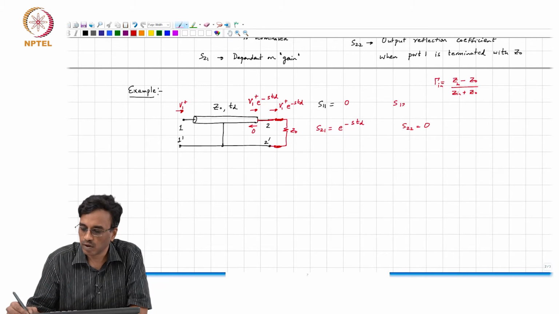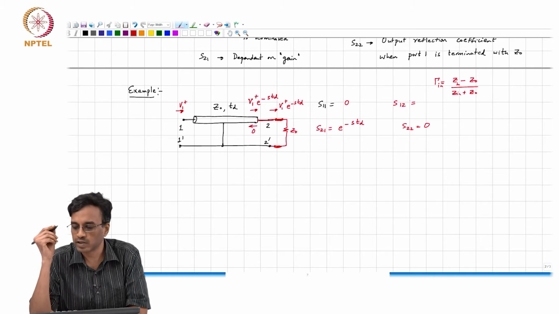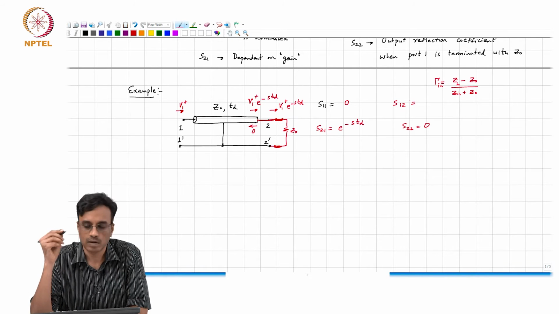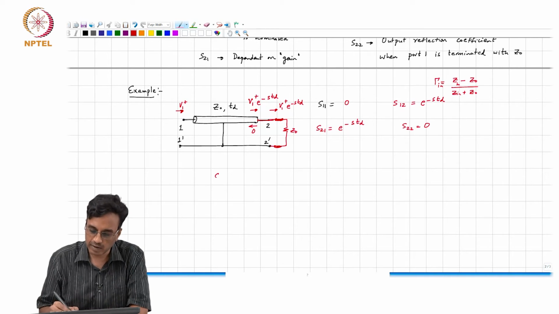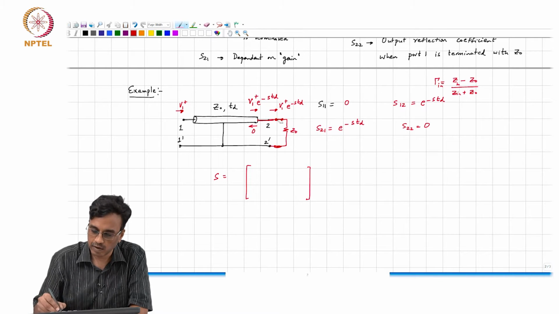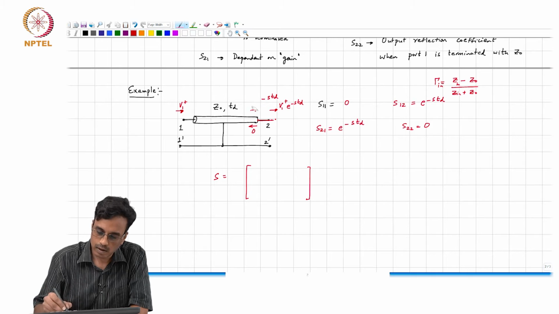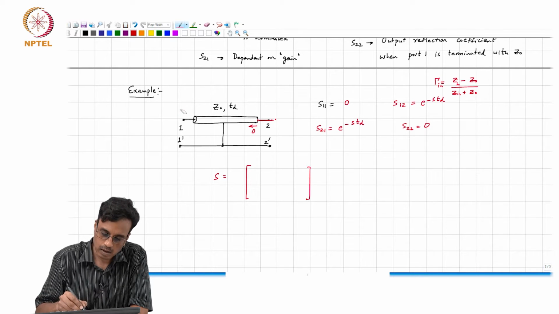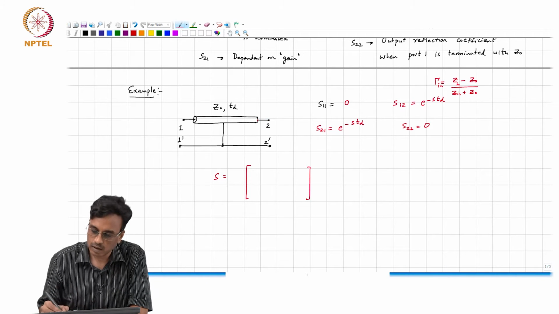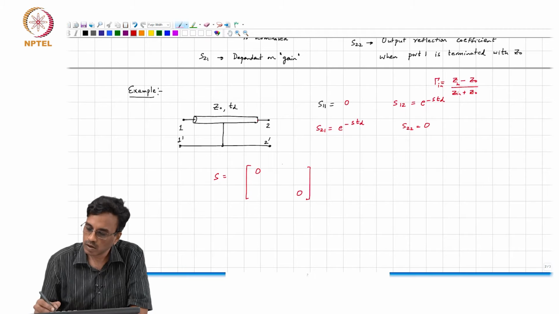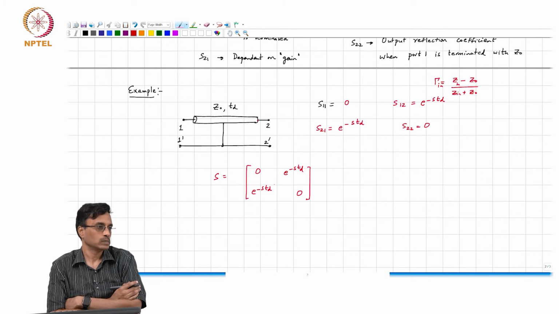And of course, this being a symmetric 2 port, what do we expect for S12? It is the same thing, e to the minus s times Td. So, the scattering matrix of this 2 port is 0, e to the minus s Td, e to the minus s Td, 0. All right.